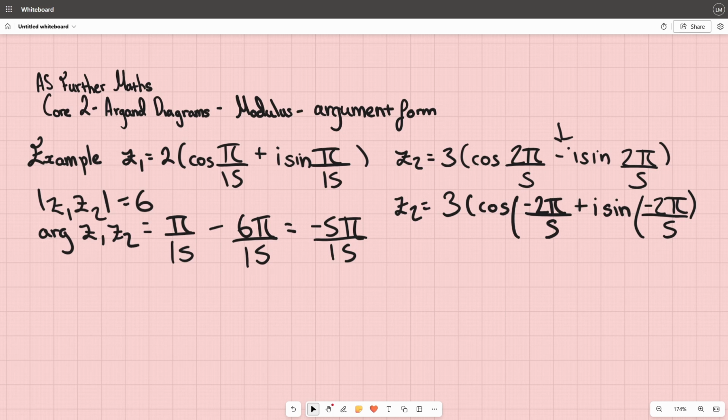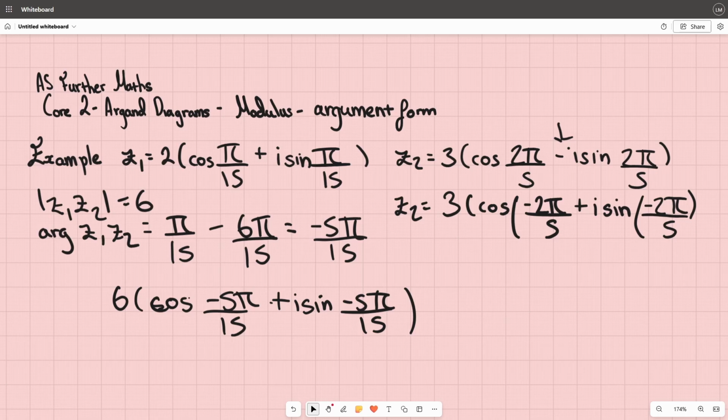You can then put this into z1 z2 modulus argument form. So we have 6 cos minus 5 pi over 15 plus i sine minus 5 pi over 15.